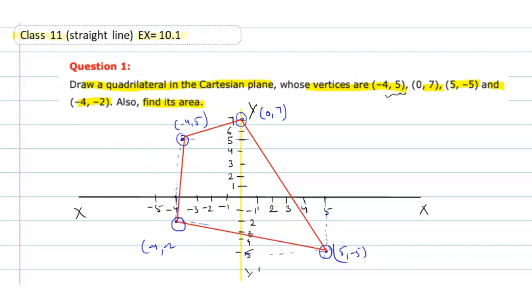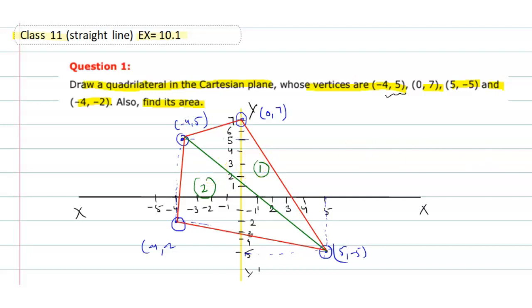So first we draw a line between them to convert it into two triangles. So here draw a line. This is triangle 1 and this is triangle 2.